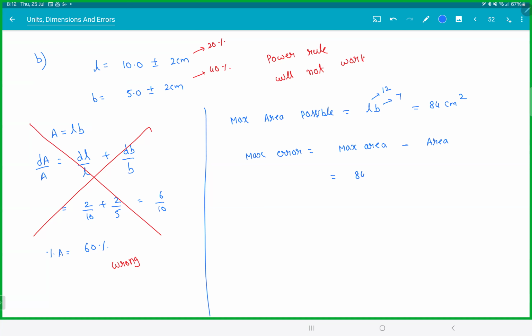The max area is 84.0 centimeter square and the regular area is 50.0 centimeter square. Means you can get an error of 24 centimeter square. So percent error would be 24 by 50 into 100. 34 into this turns out to be 68%. So that's the answer. So in the exam you have 60 and 68. 68 is the answer.